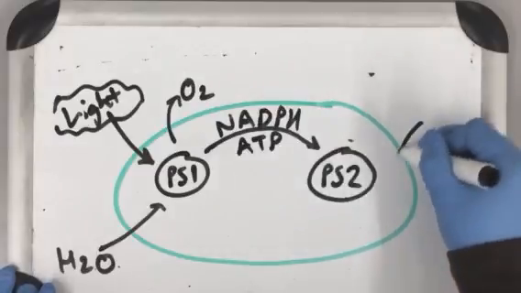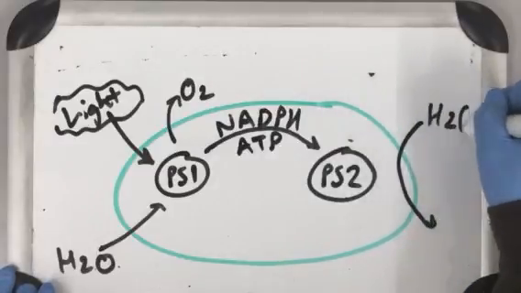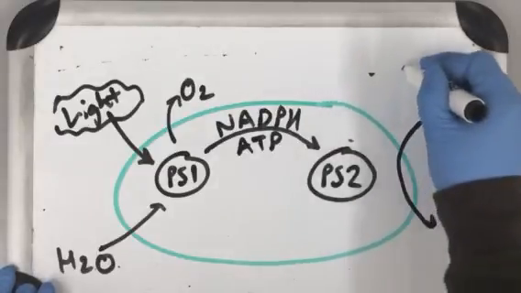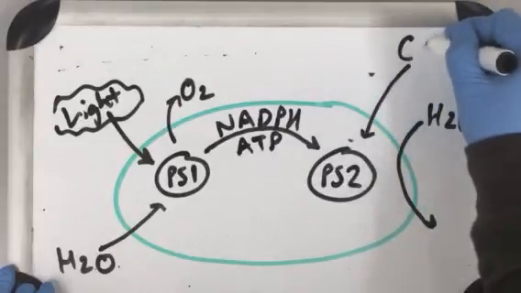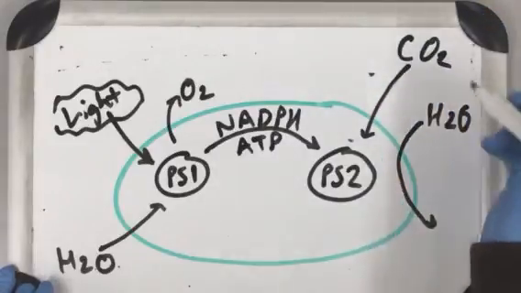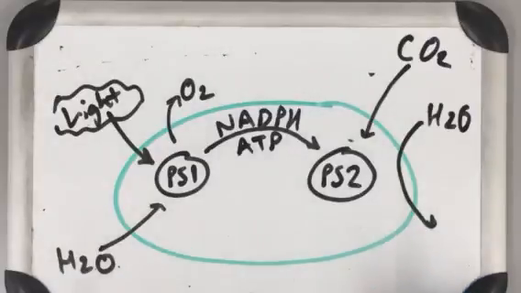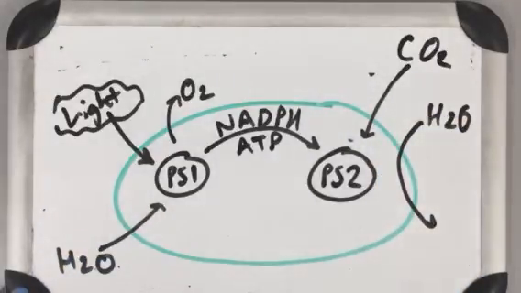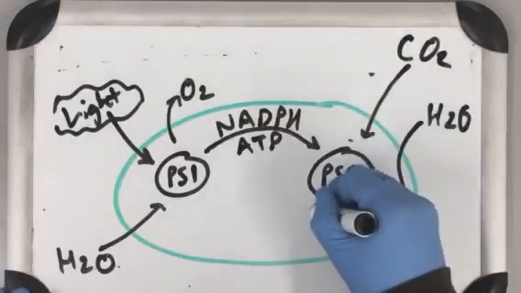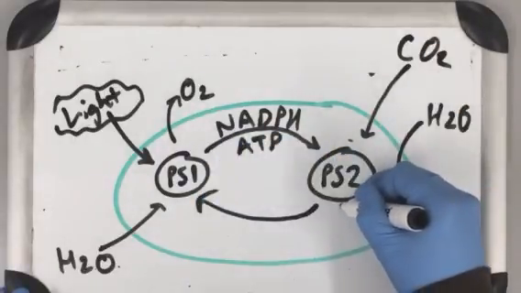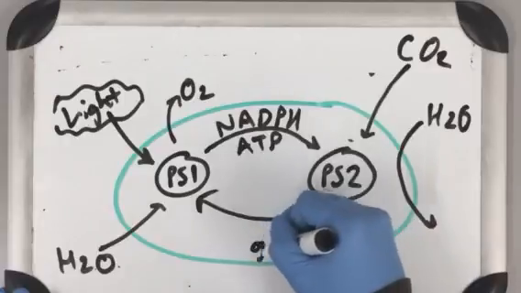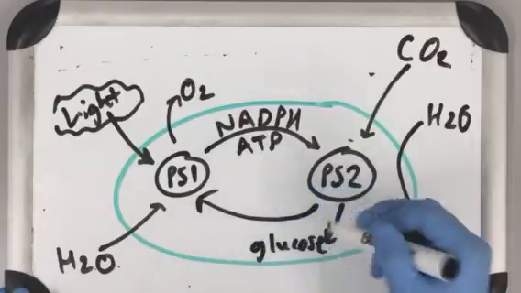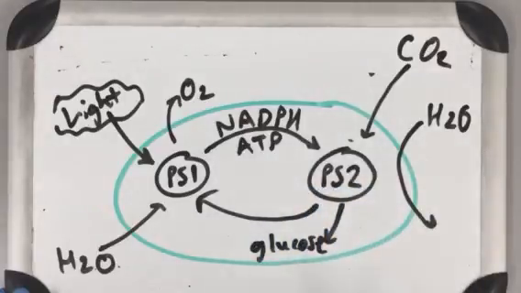Photosystem 2 still relies on water, but it mainly relies on CO2 coming in. Now, CO2 is the source of carbon from which photosynthesis can build chemical molecules. So it can make glucose, which can become starch, cellulose, things like that.